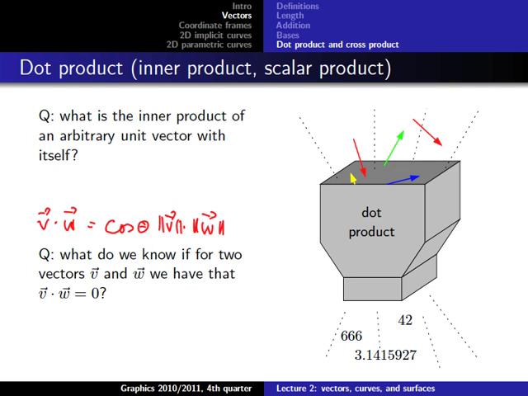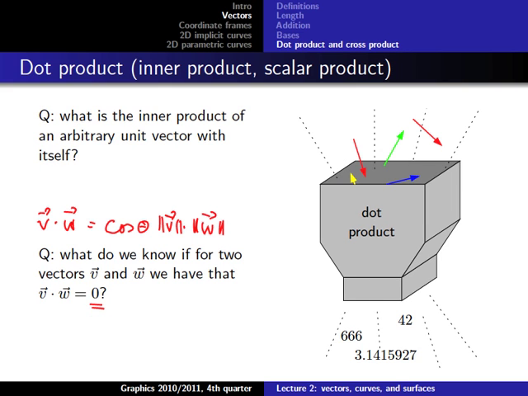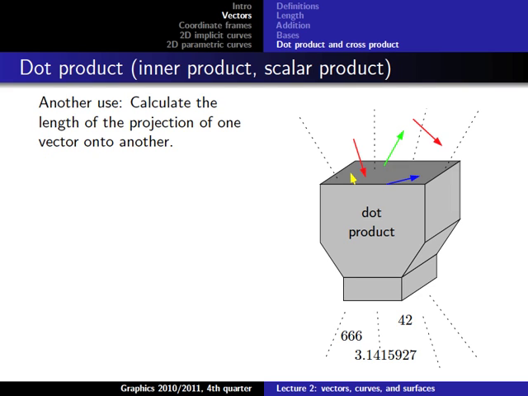So you see, if that is 0, there are basically three options. Vector v or w is the null vector, or the cosine is 0. If you look at the cosine function, you see that this means that they have a right angle. Good. And for a unit vector, you can figure it out yourself. Good.